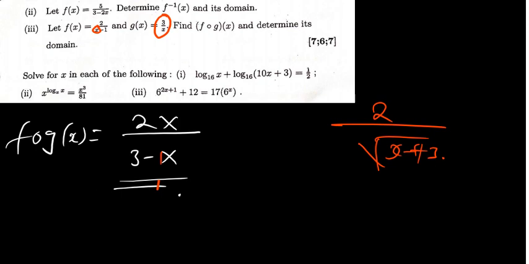We equate the down part to 0. You equate the down part to 0. Why are you saying we equate the down part to 0? Because most of the time that's what we do to get the domain.